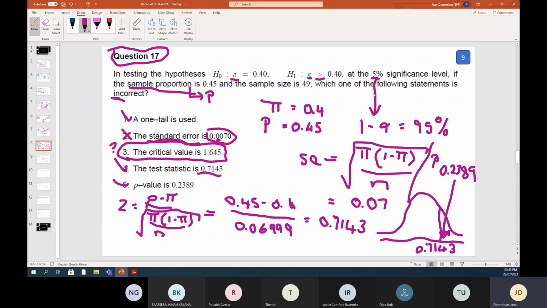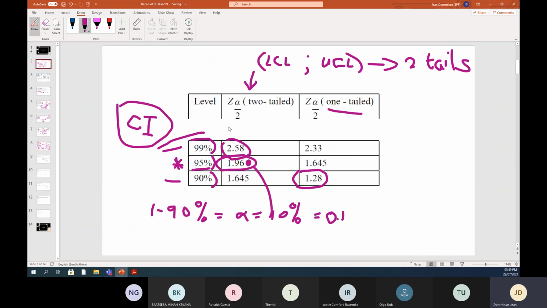So let's say 5% level of significance, they tell us it's one tail. So I would go to this and say 5% significance. What would you have said? Was it 1.645 over 1.96? They tell us alpha is 5%.